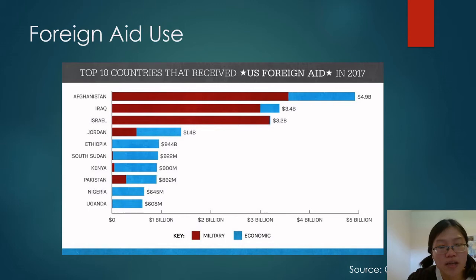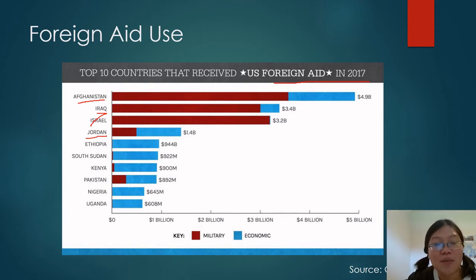So this is a look at foreign aid use, and this chart is taken from Concern USA 2020. It shows the top 10 countries that received US foreign aid in 2017. The highest country that received US foreign aid is actually Afghanistan, followed by Iraq, Israel, Jordan.